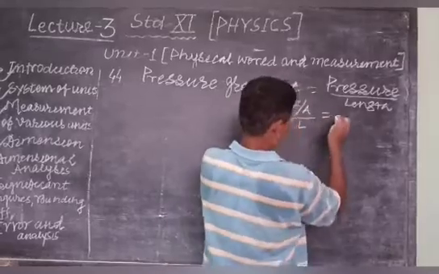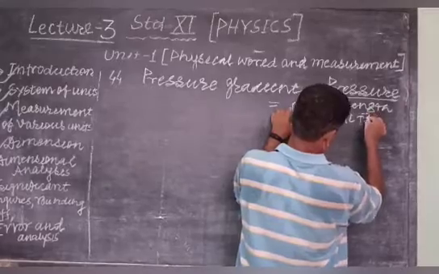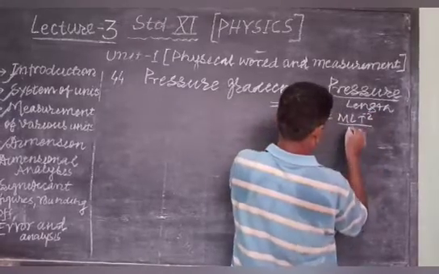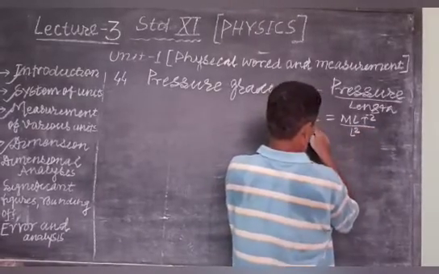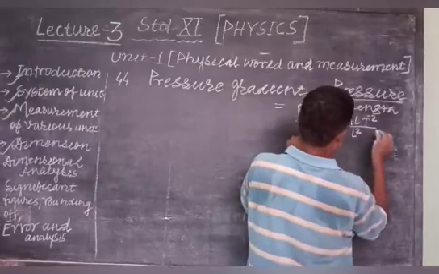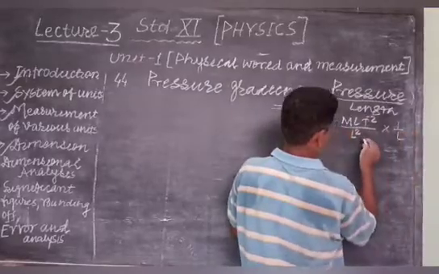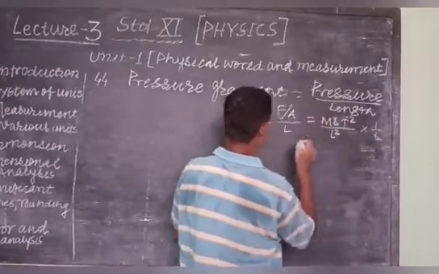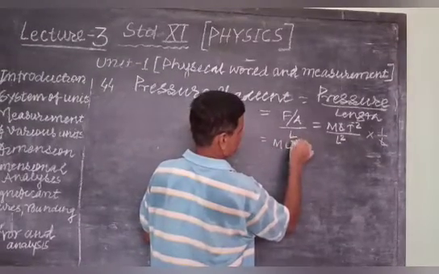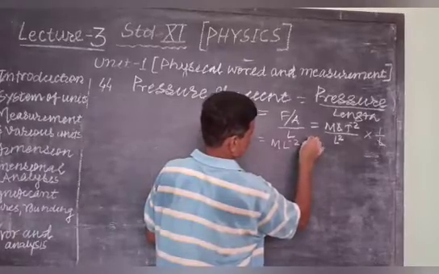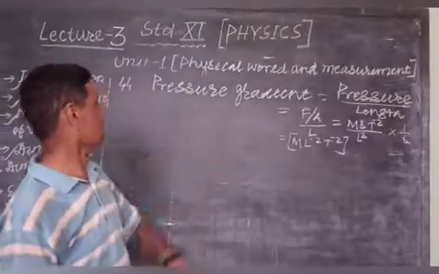This force is ml t minus 2, divided by area, L square, and whole divided by L. This L cancels, so it is m l to the power minus 2 t to the power minus 2. This was your pressure gradient.